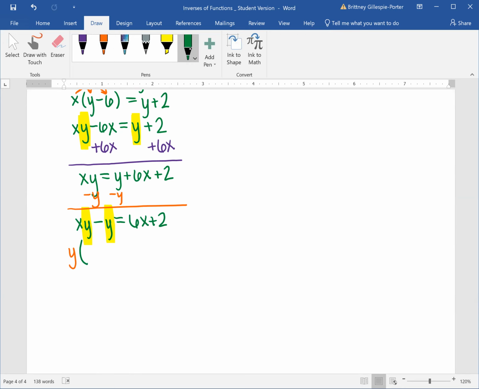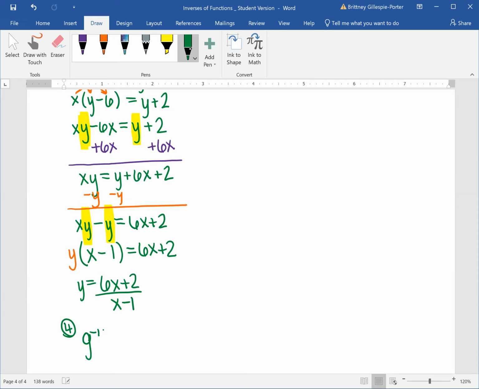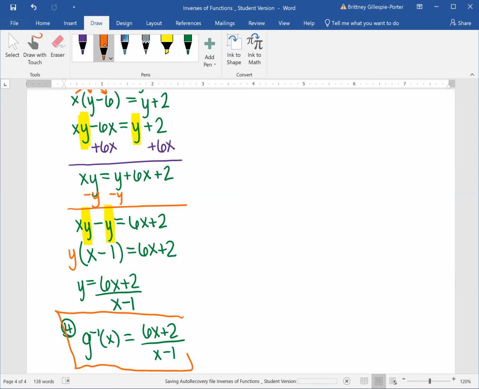If I factor out a y from the first term, I have x minus 1 equal to 6x plus 2. To get y by itself, I need to divide both sides of my equation by x minus 1. And then in my last step, because I had a g of x, this time when I do my inverse, I need to do g inverse of x because I don't want to call him by the wrong name.